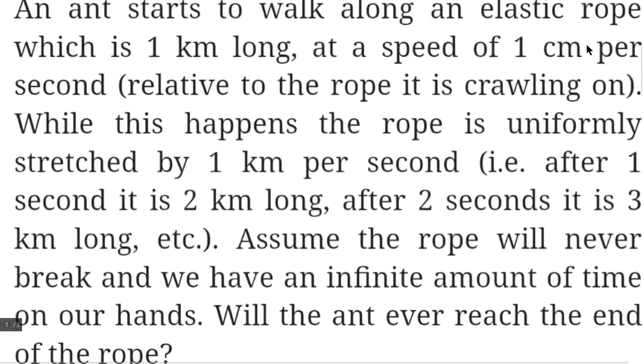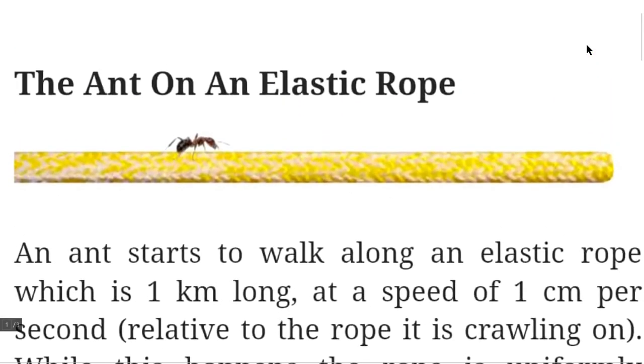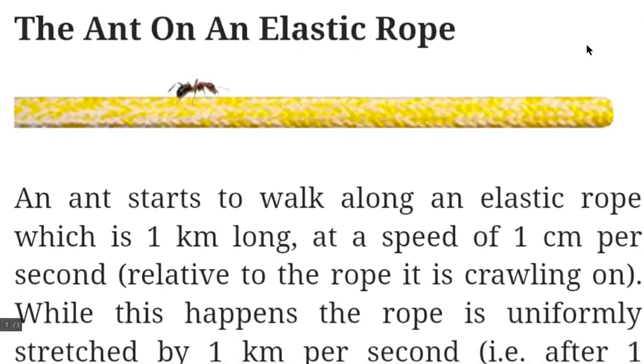Let me explain the question first. Suppose this end is tied, and this is the free end. The ant starts from here with its own speed of 1 centimeter per second, and the rope itself is expanding at a speed of 1 kilometer per second.